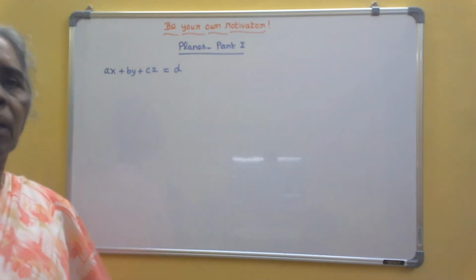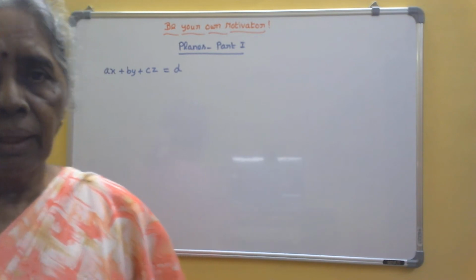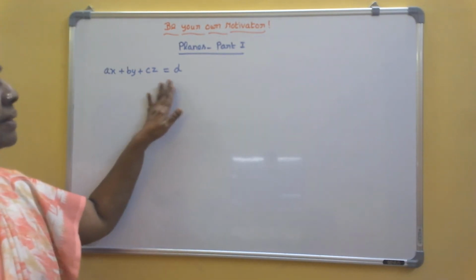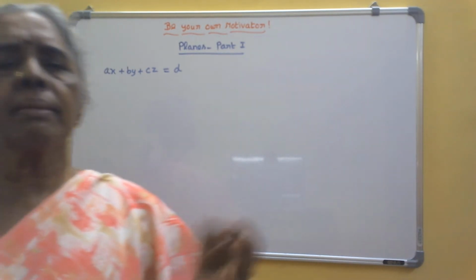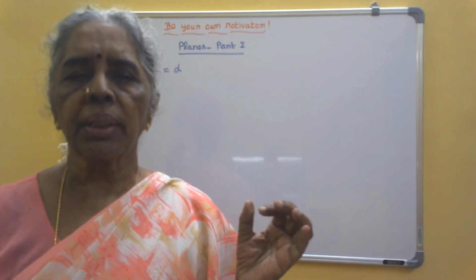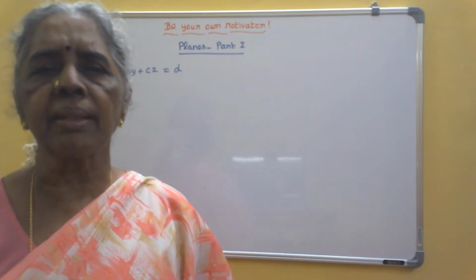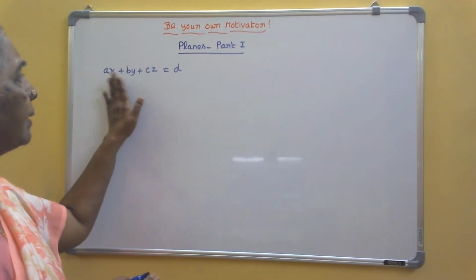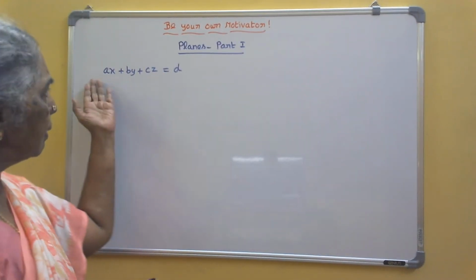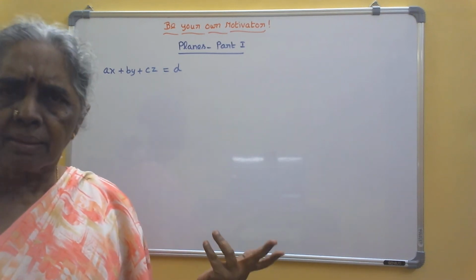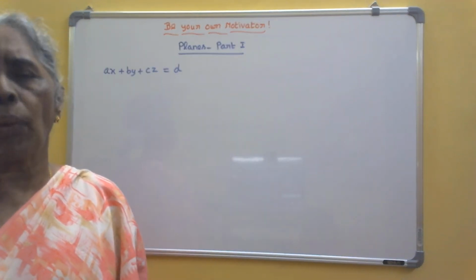I am writing it for some reason on the other side. Ax plus by plus cz is equal to d. This represents the Cartesian equation of a plane. This is called a general equation. Some x, some y, some z, some d. Everything need not exist, but this is the general format.